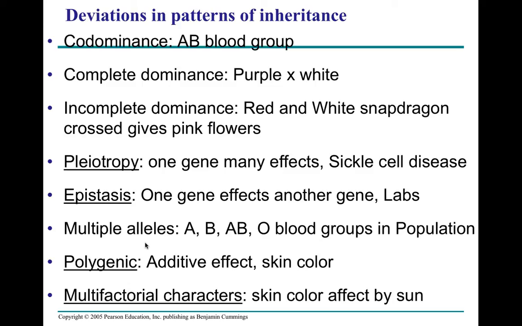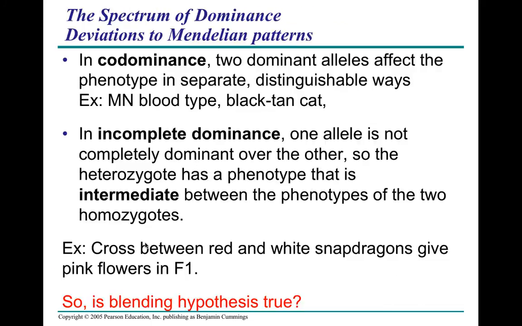It's not because our genes have changed because we were exposed to sun, but it is due to the effect of sun. The way the genes have been working changes. That is why we tan. Our skin shade changes. So it is not purely genetic. It is also affected by environment. Then it is called a multifactorial character.